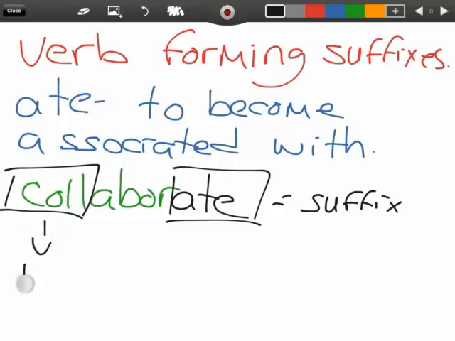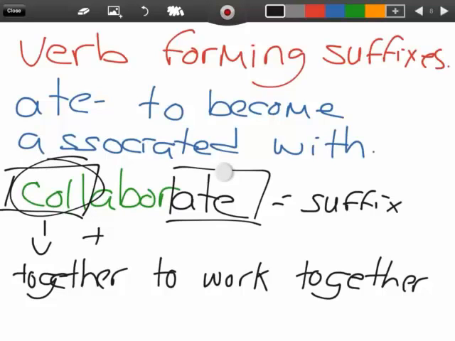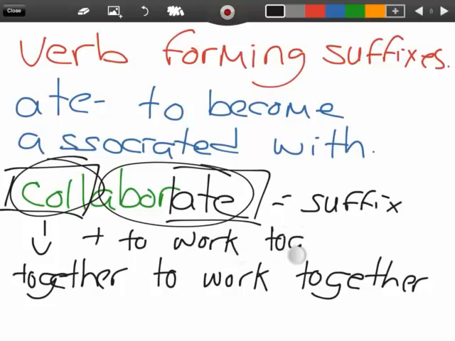This means together, to work together. And when you combine this and this together, it means to work together. You are being associated with that person by working together.